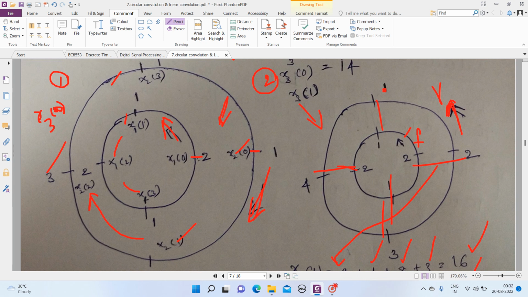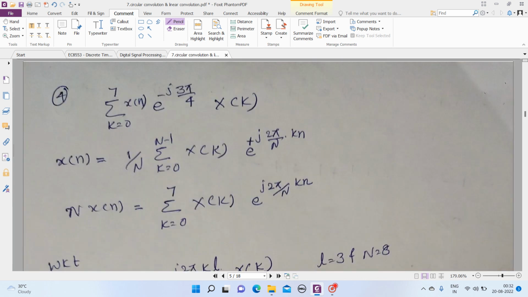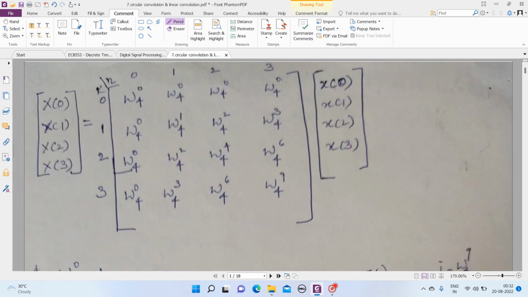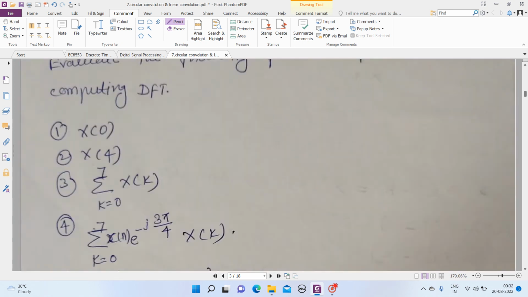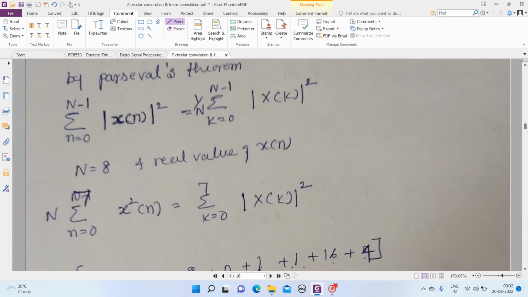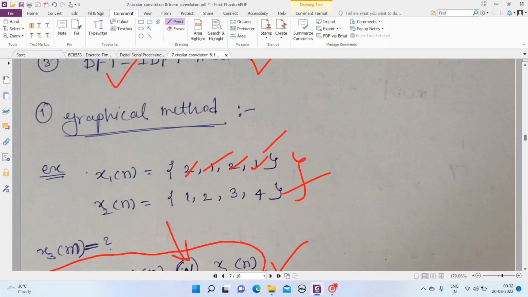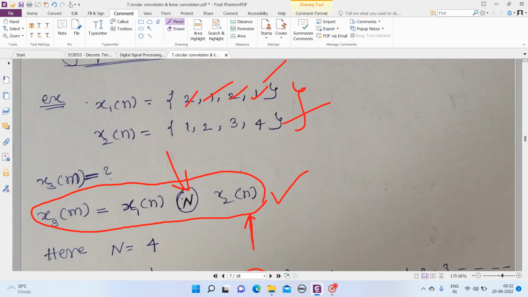So see here, 2 1s are 2, plus 2 1s are 2, plus 3 2s are 6, plus 4 1s are 4. 6 plus 4, 10. 2 plus 2, 4. 10 plus 4, 14.